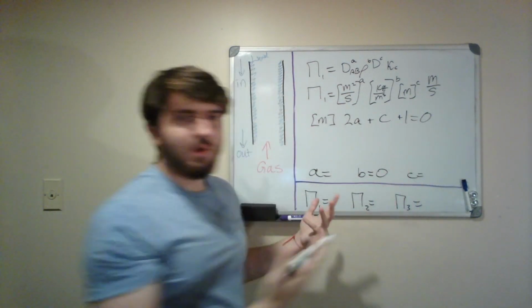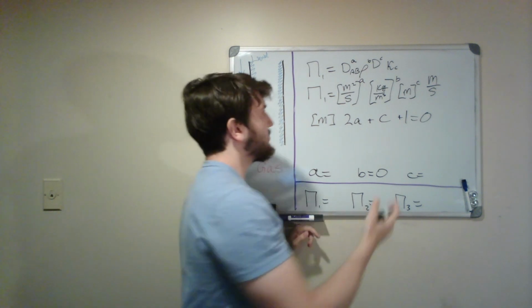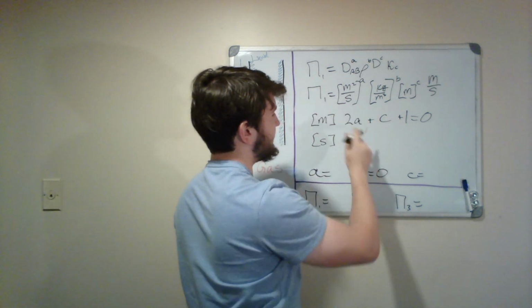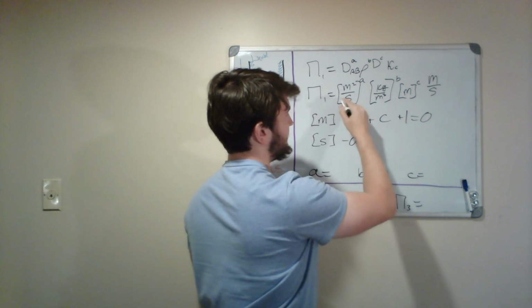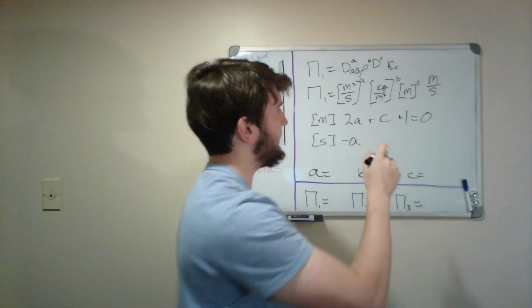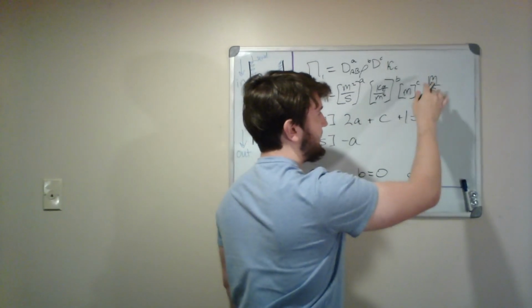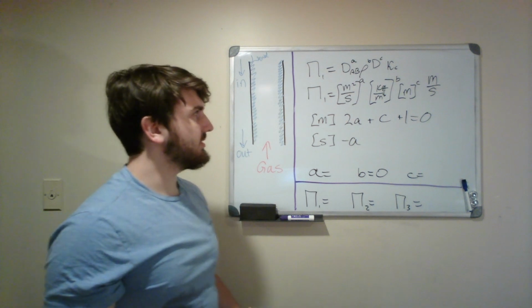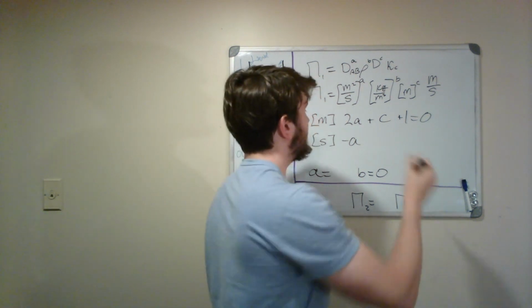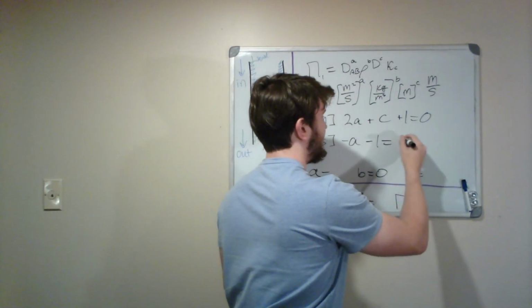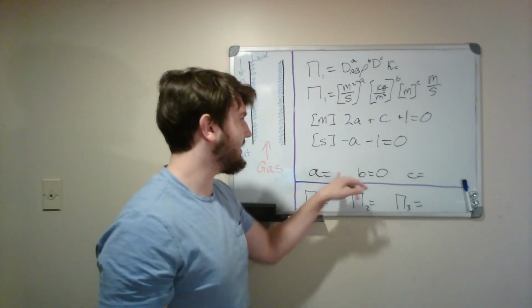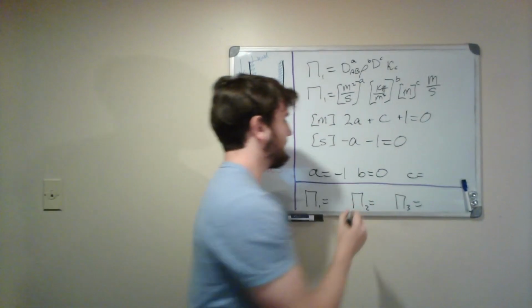But we have 2 variables there, we can't solve for it, so we're going to move on to seconds, where here we have seconds as negative A, it's negative 1 times that A. We don't have anything here, don't even need to worry about it. The only other place we have it is with that mass transfer coefficient, so we'll have that as minus 1, and again, that must equal 0. Because of that, we can see that A has to equal negative 1.